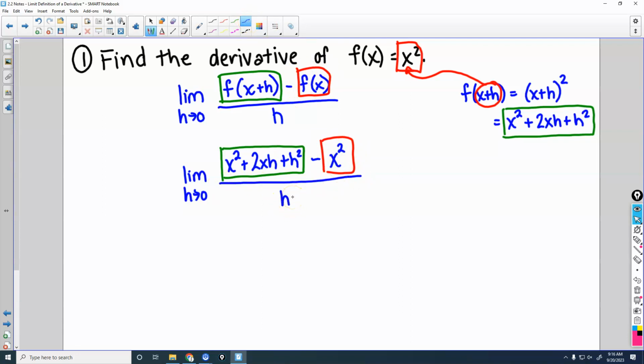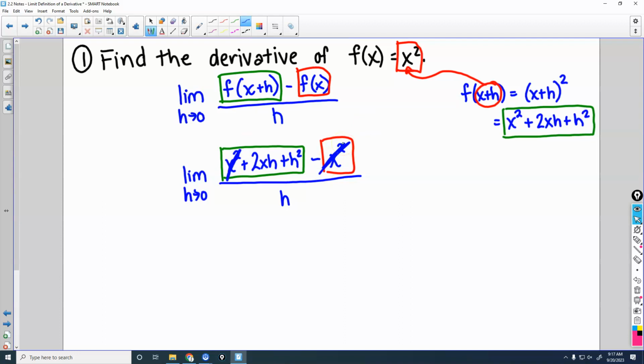Now, these are like the delta x problems that you were doing for limits. The reason that they were giving you those delta x problems in limits was to prepare you for doing these problems. So what should happen with delta x problems is everything without an h, or the delta x, should cancel out. So that x squared and the negative x squared cancels here.